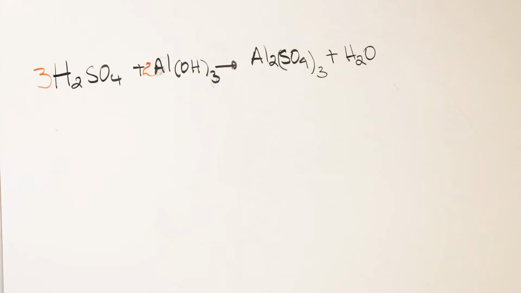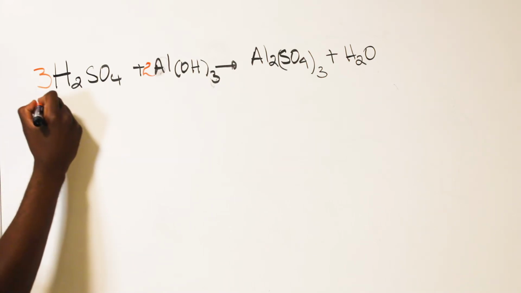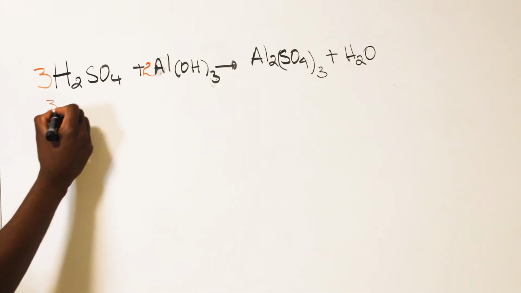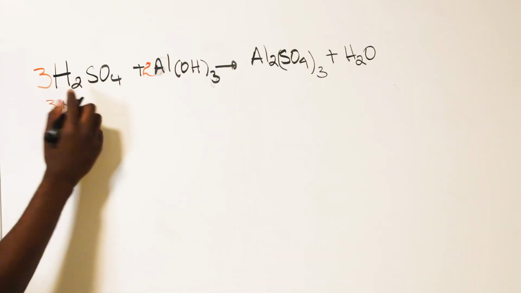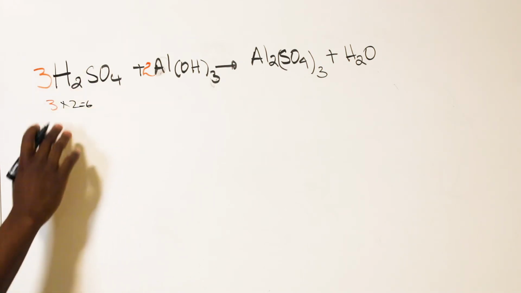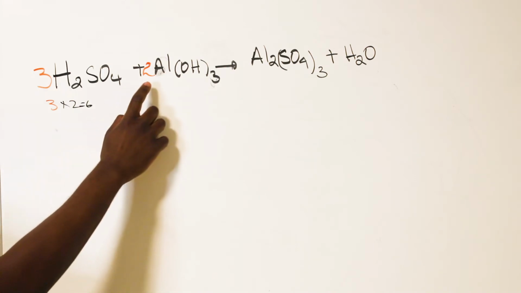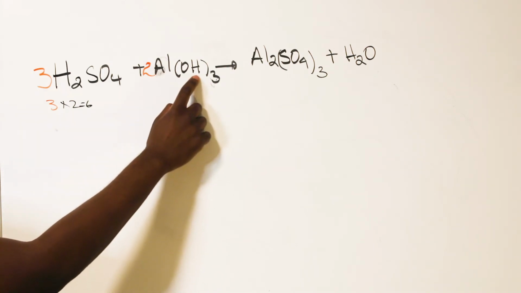So let me give it a check. I have three times 2, which is 6. Six hydrogen, and I have 3 times 2, 6 hydrogen.